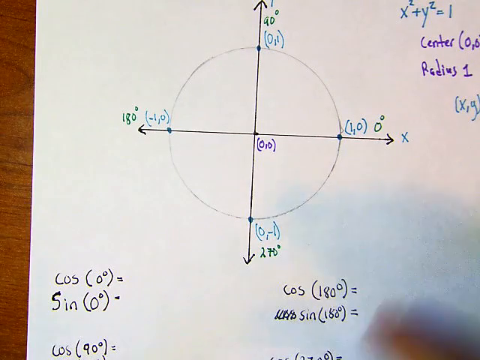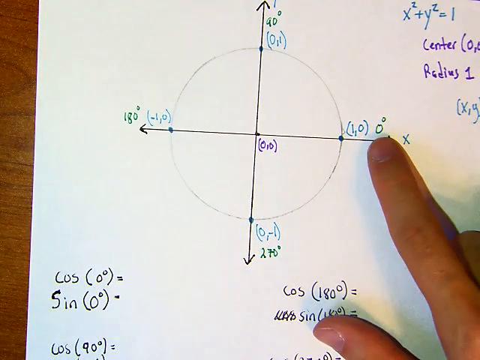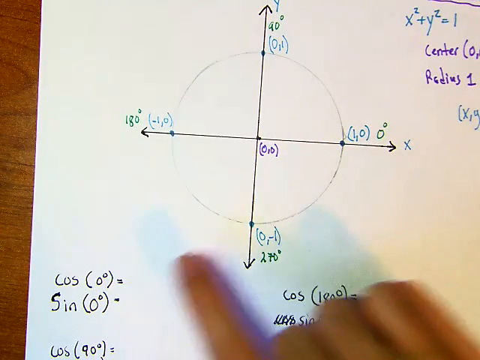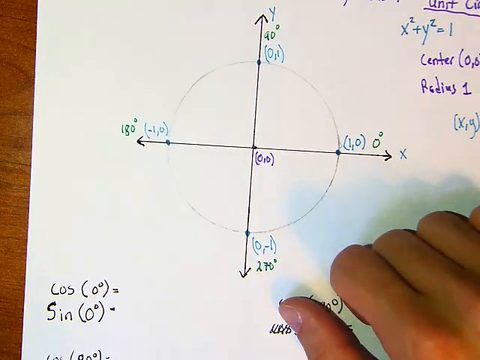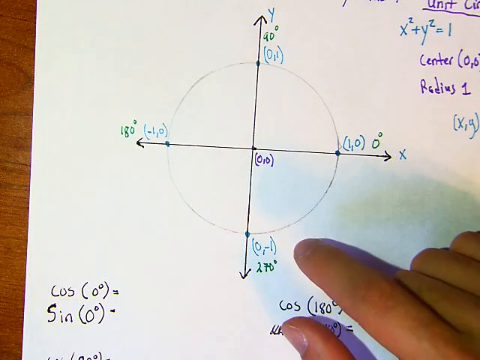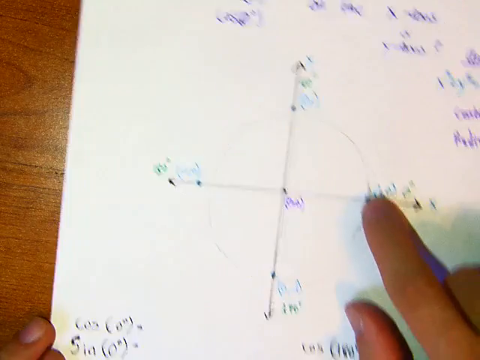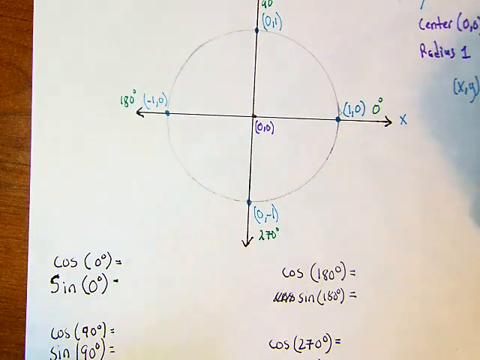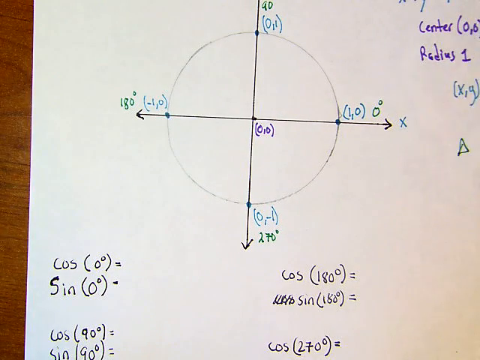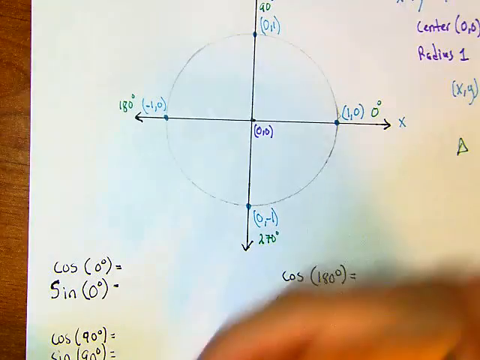If I say what is cosine of 0 degrees, what would that be? Well, we have to think about cosine. Like if I say what's the cosine of this, can we create a triangle? Not really, because it won't happen.